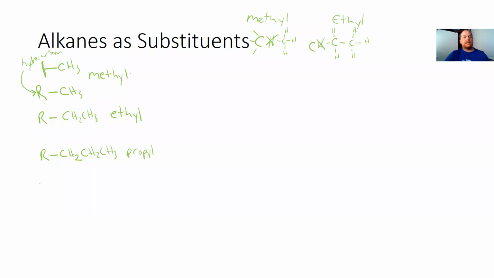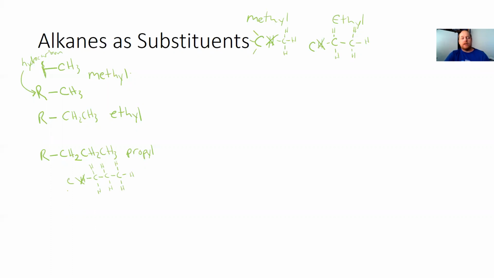Or if we were to instead, you notice with propyl, we took that propane and knocked off one of the end hydrogens, okay?